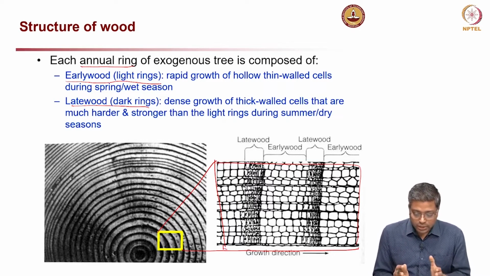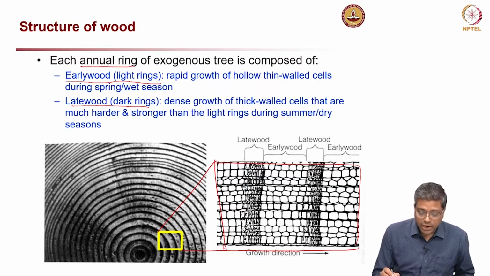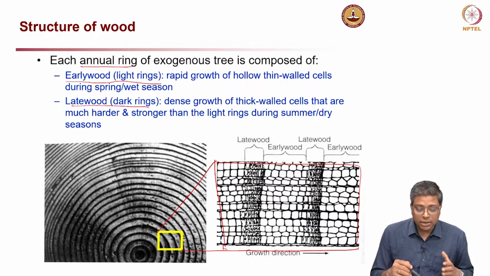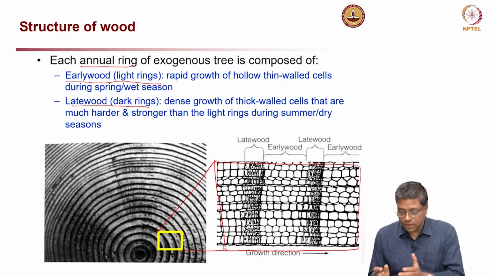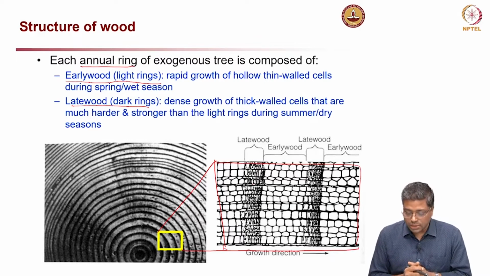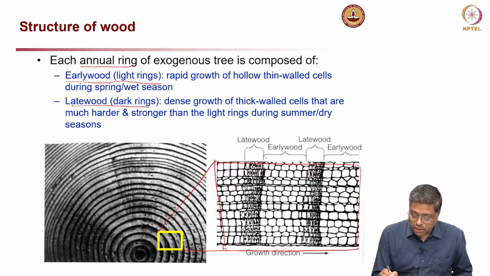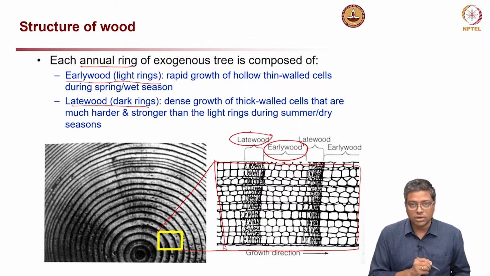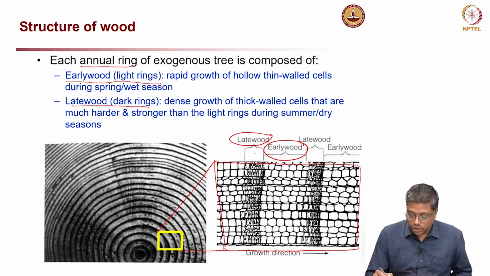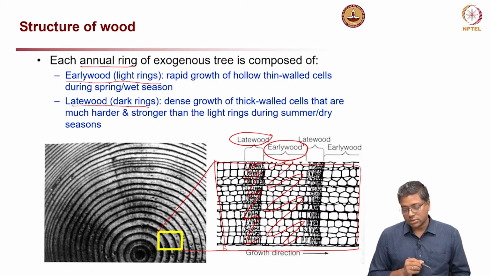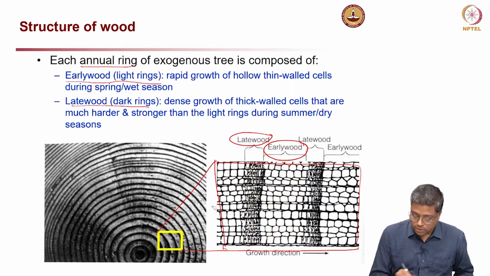Look at the dark and light color rings. It is very clearly shown in the right side image. You can see early wood, the light color region, and the late wood, the dark color region. You can see that late wood is more dense, and early wood is less dense. So, that is clear.